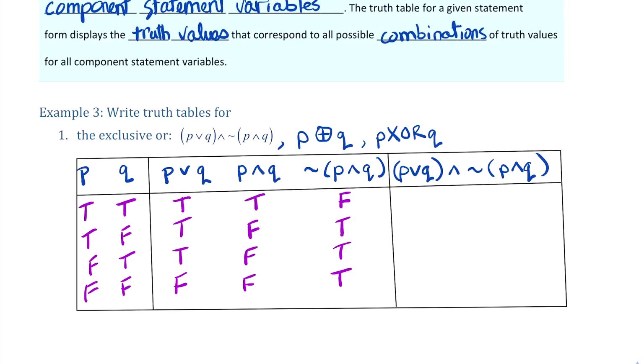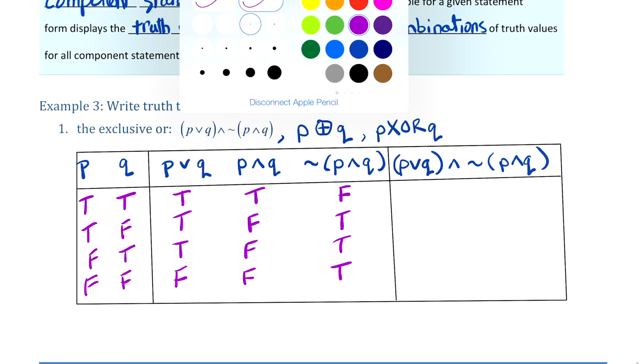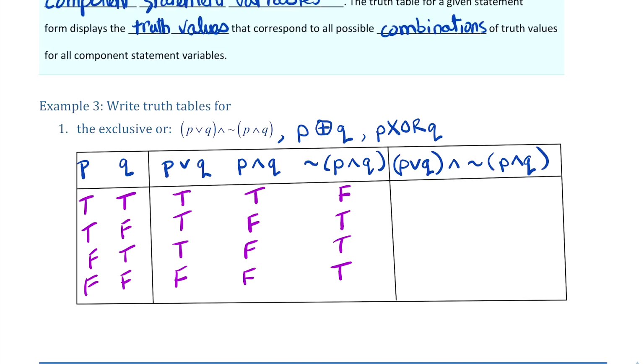So now, here we go. In order to look at this final statement here, we want to examine the truth values for the disjunction of P and Q and the negation of the conjunction of P and Q. So we're going to look at these.